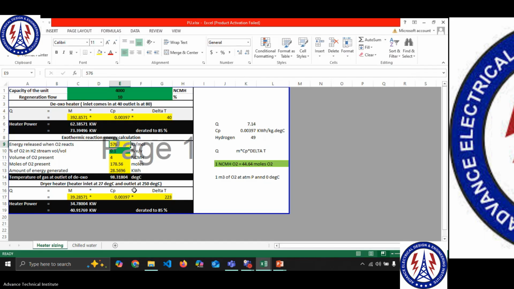Which system? Our system. We have the gas, which is now at 80 degrees Celsius, right? You are heating it to 80 degrees Celsius because your reaction will start at 80 degrees Celsius. That's clear. Then you send it to your palladium catalyst.